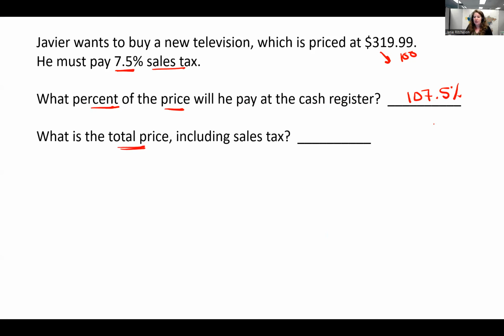So now we're going to turn that 107.5 into a decimal, 1.075, because we move our decimal 2 places to the left, and we're going to multiply by the original price. So I got 319.99 times 1.075, and the answer is 343.989.